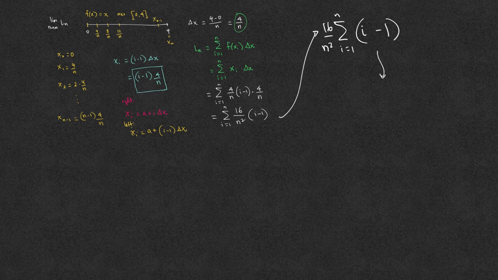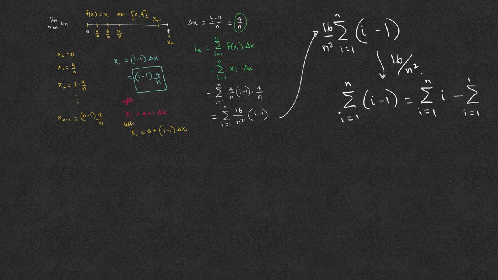To evaluate this, we would need to split the sum into 2, so we will keep 16 over n squared for now, and we only split the sum from i equals 1 to n of i minus 1 into 2 sums. After we obtain the result, we can multiply by 16 over n squared. The first sum is i going from 1 to n of i, and the second sum, being subtracted from the first sum, is still i going from 1 to n, but the argument inside is 1.